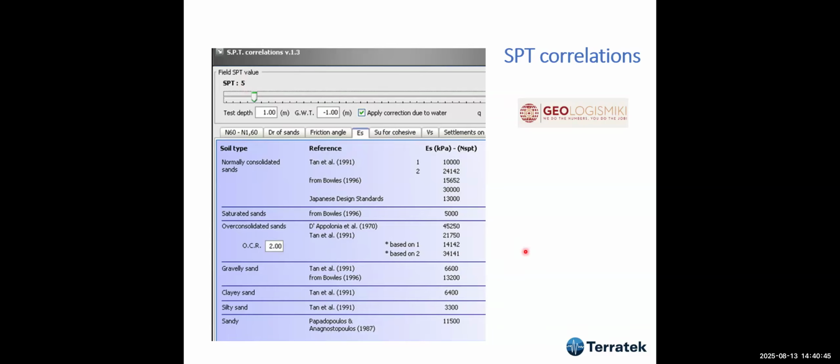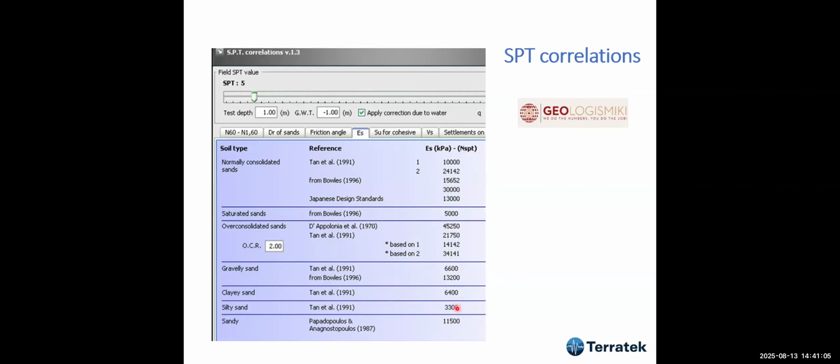The problem is that it varies too much. For instance, for Es, which is Young's modulus, it can vary from 10,000. Here's the least one, gravelly sand, 6,000, 66,000.